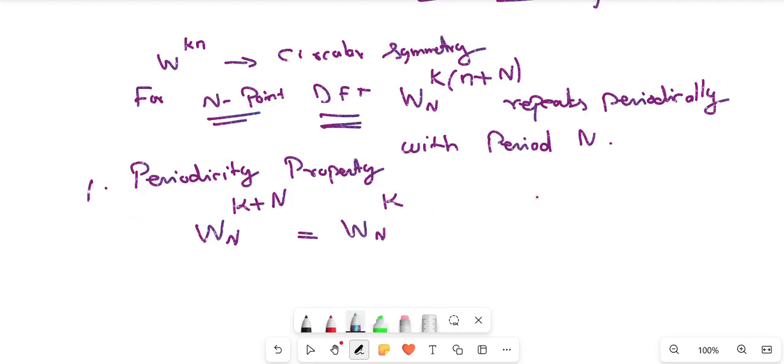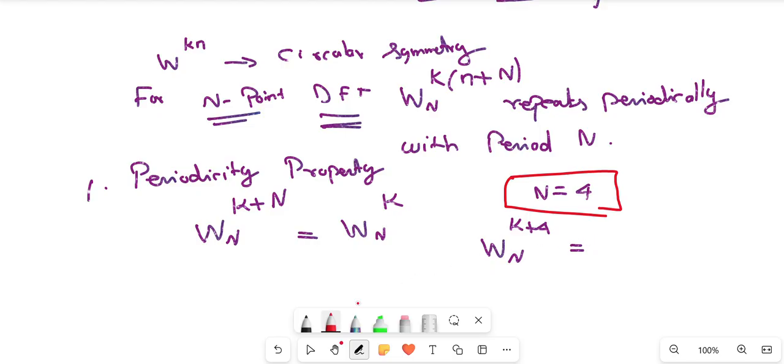For example, N is equal to 4. So W power k plus 4, which is equal to W power k.